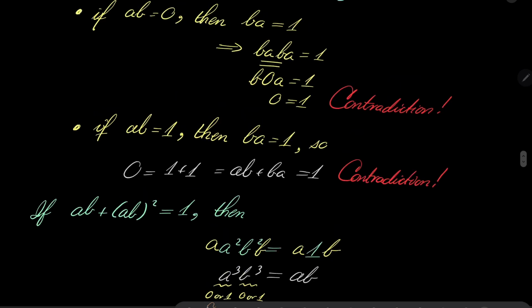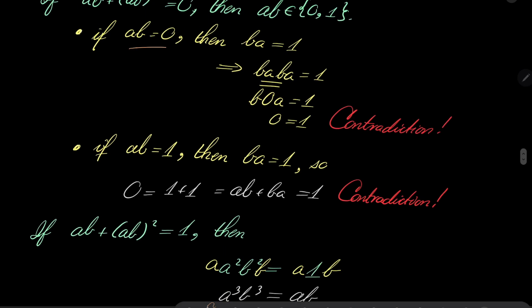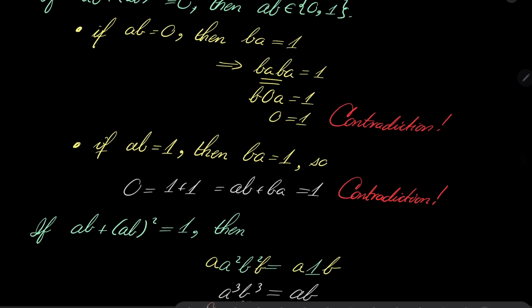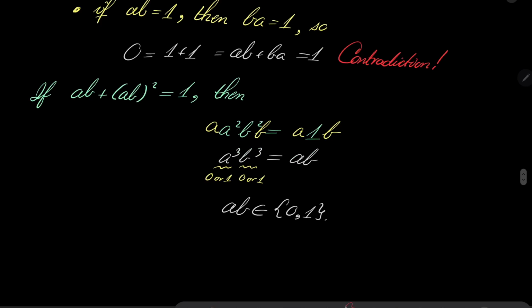If AB is 0, then we get this contradiction. If AB is 1, then we get this contradiction. It has been seen before. So both lead again to a contradiction, as above. It's impossible.